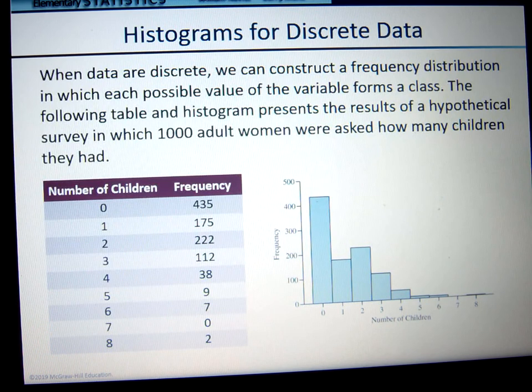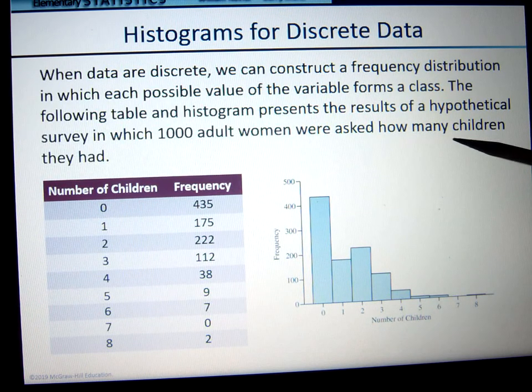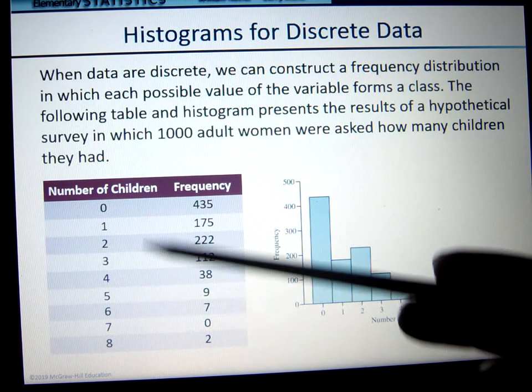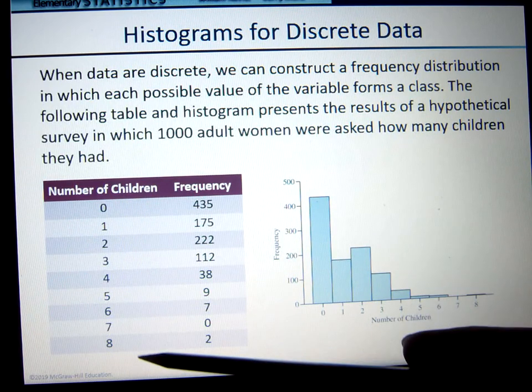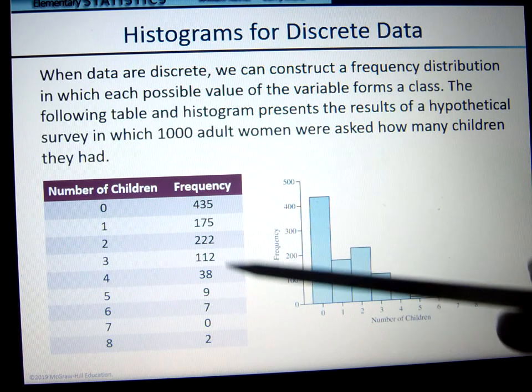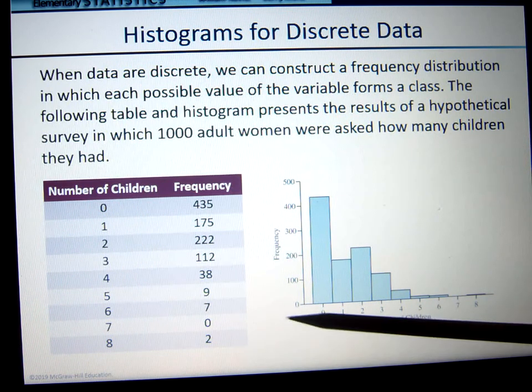The following table and histogram represent the results of a hypothetical survey in which 1,000 adult women were asked how many children they had. So here are the results, and here is the histogram.